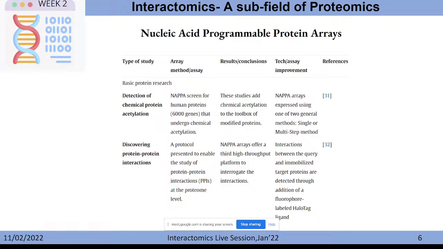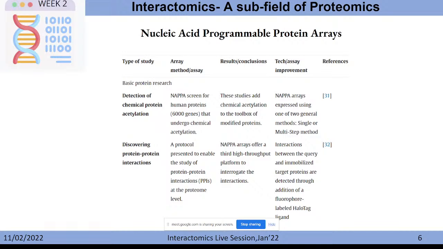Here the chemical modification of acetylation without the enzymes can be detected through this particular method.